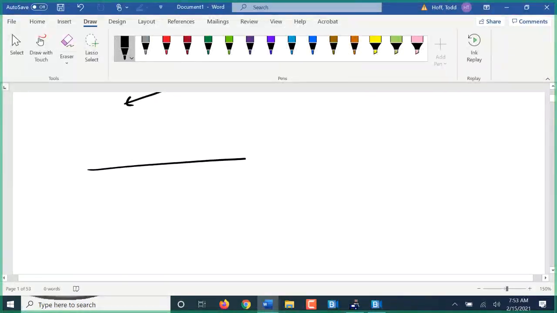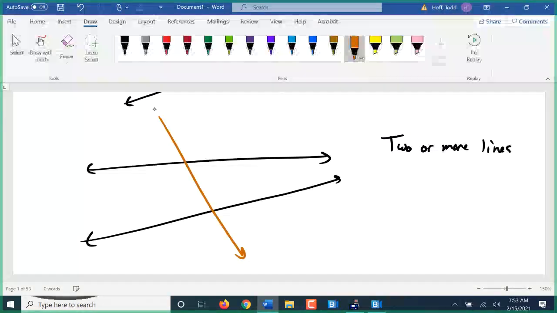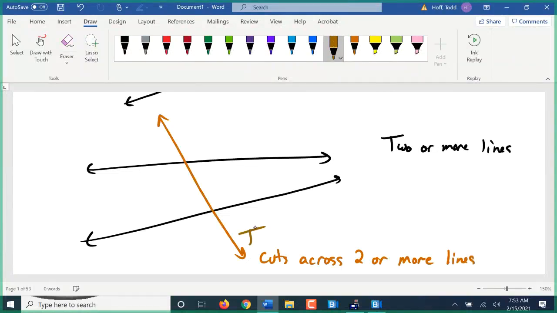Now, if I have 2 lines, in this case, I'm going to draw 2 oblique lines. I have 2 main lines, and I have another line that cuts across them. A line that cuts across 2 or more lines is called a transversal.